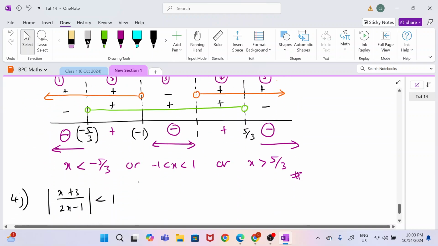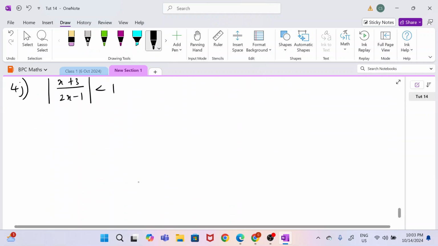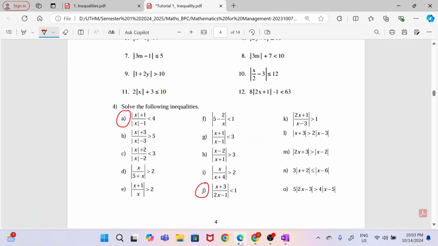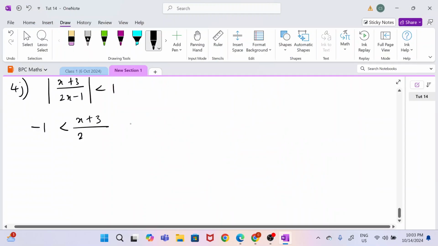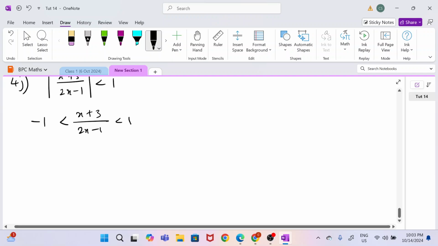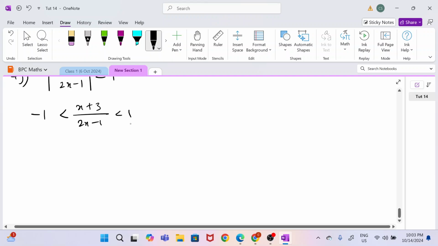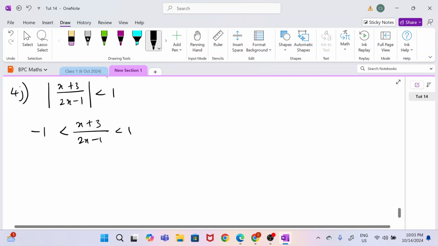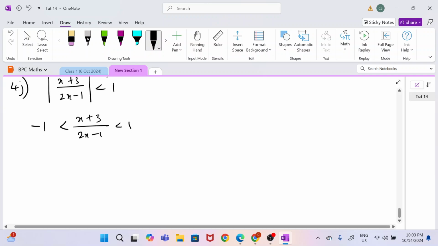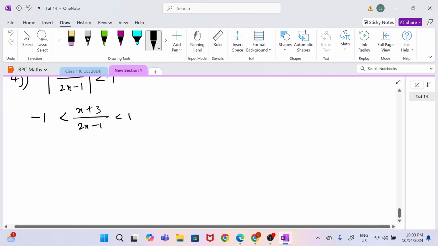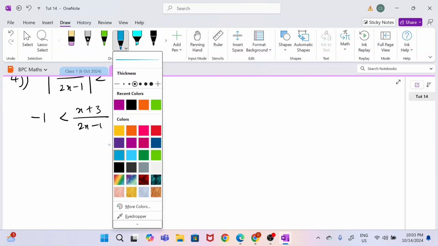Which formula will we use? Negative 1 like this. Okay, less than 1, after splitting this, you can see there are two inequalities.